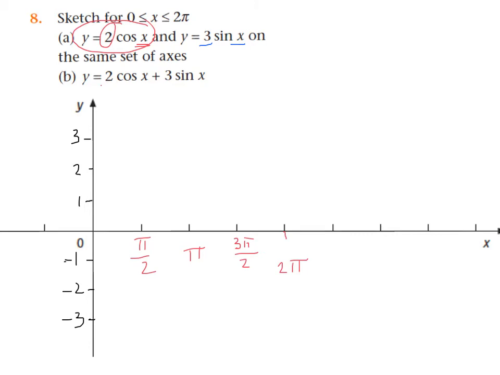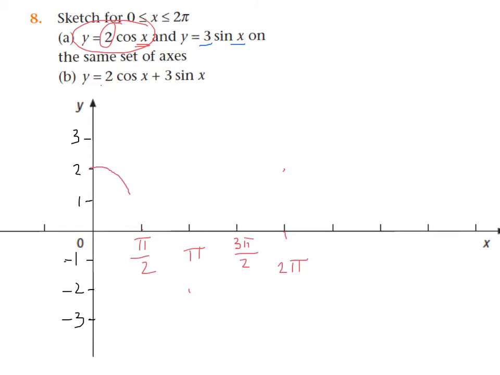Alright, because cos of 0 is 1, times by 2 is 2. So starting up there. Coming down here, pi will be negative 2, back to 0, and finishing off back up because cos of 2 pi is 1, times by 2 is 2. Okay, let's draw that out.